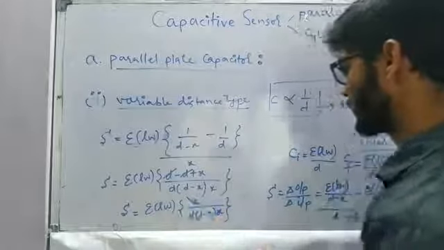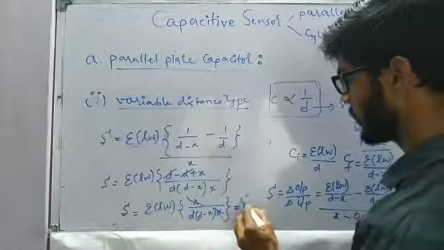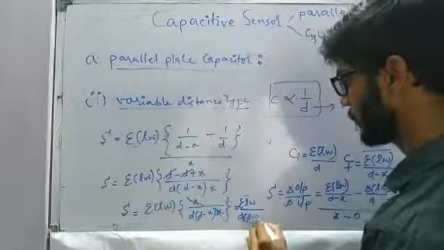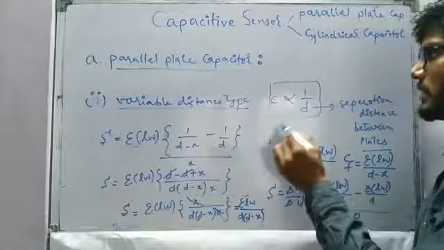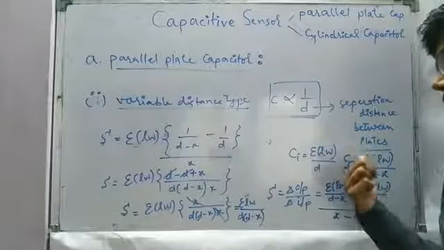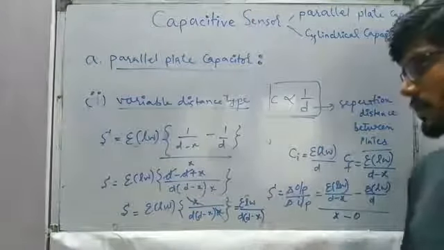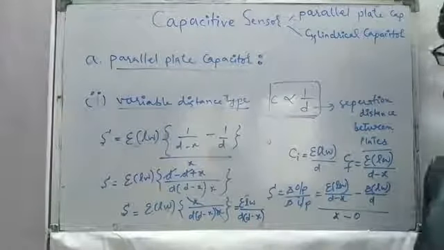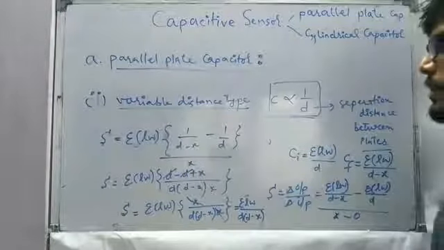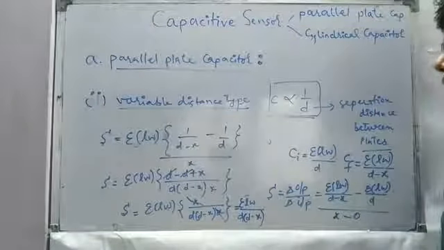So again x gets cancelled, so it will become epsilon LW divided by d into d minus x. As the capacitance is inversely proportional to the separation distance, the sensitivity is not going to come out as a linear one, whereas in the previous case the sensitivity was constant. So that's the idea of variable distance type.